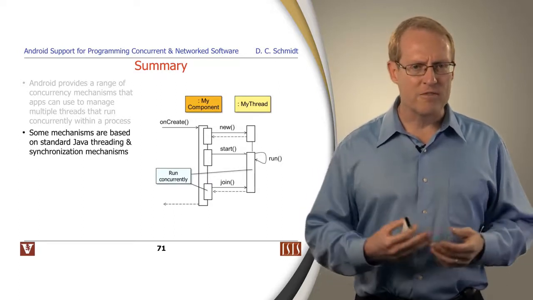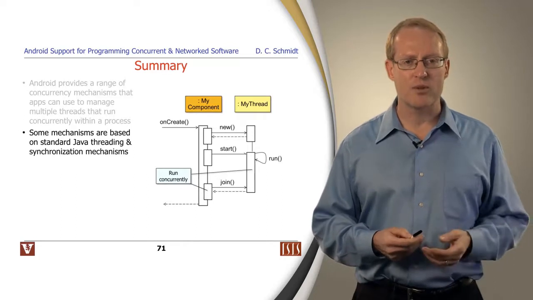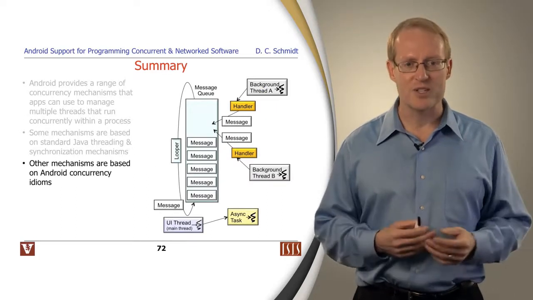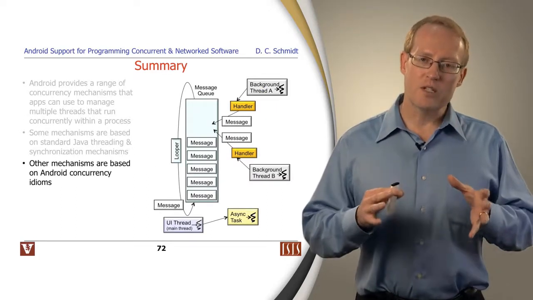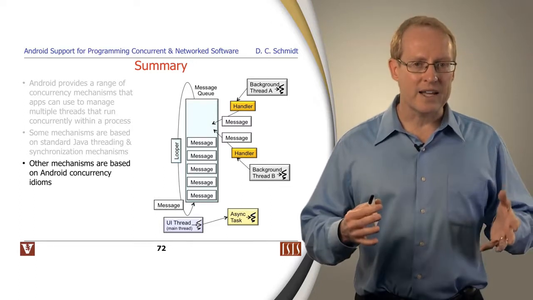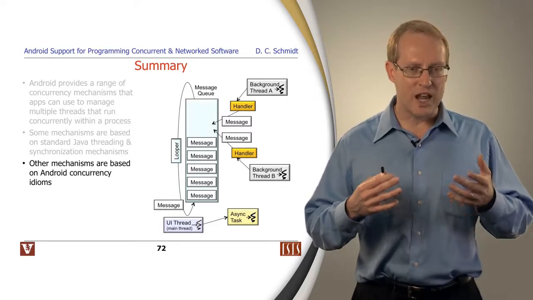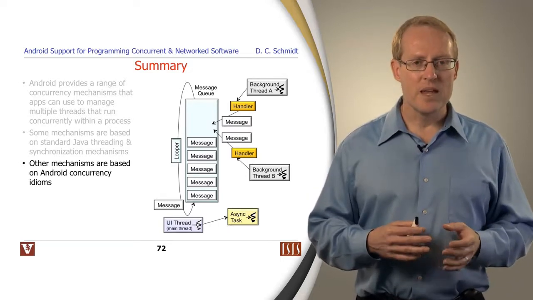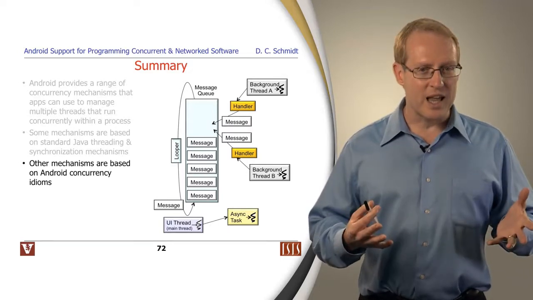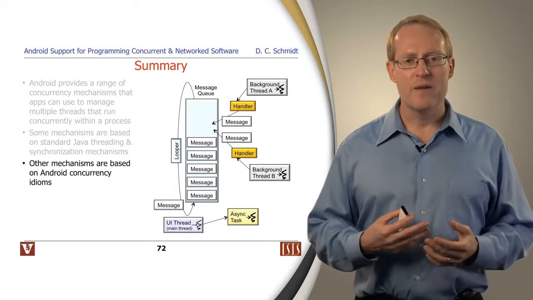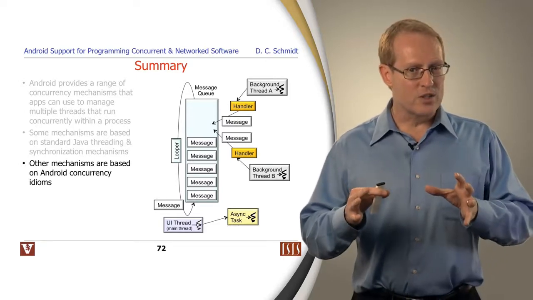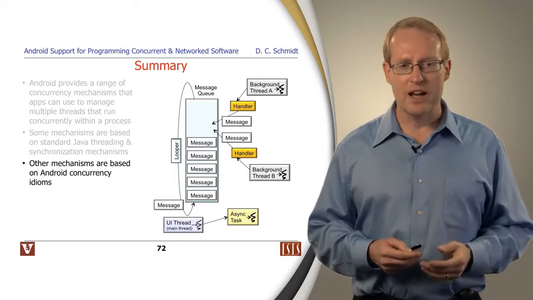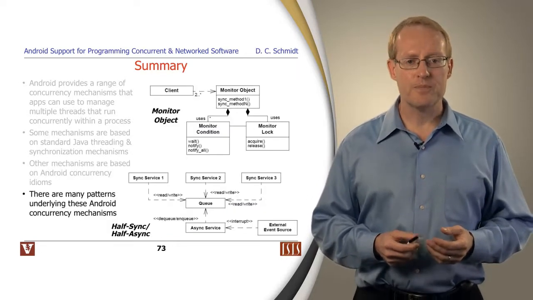So it should be very familiar to you if you have background with Java threading, Java concurrency, and Java synchronization. Some of the other parts of Android are more idiomatic. They're things that are more specific to the way in which Android handles events and does its user interface processing and so on. These are typically fairly stylized patterns and not hard to understand, but they're not quite as general purpose as what you would find with the Java threads.